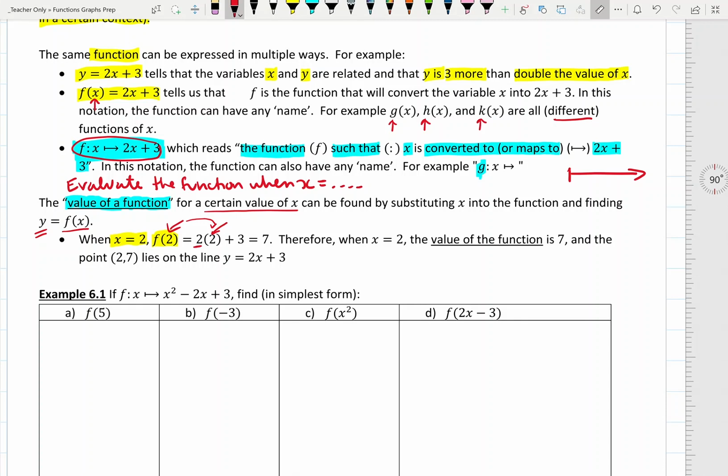And I'll give you an example in a minute of why the use of brackets is really important. So 2 times 2 plus 3 is 7. And the way that we would say that is when x equals 2, the value of the function is 7. But that means that the point 2, 7 lies on the line 2x plus 3.